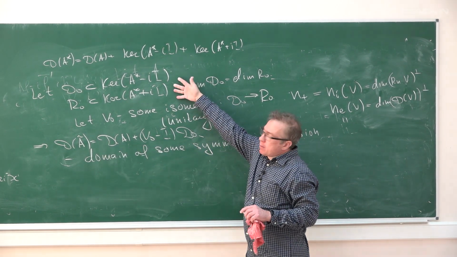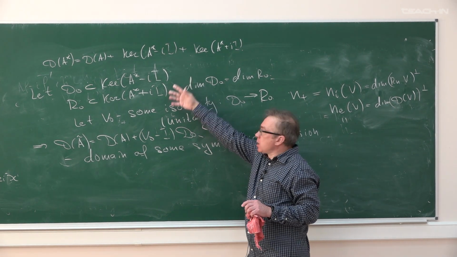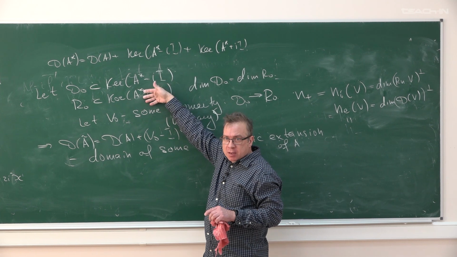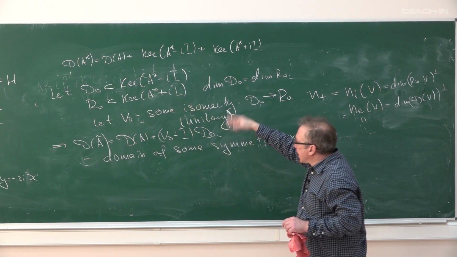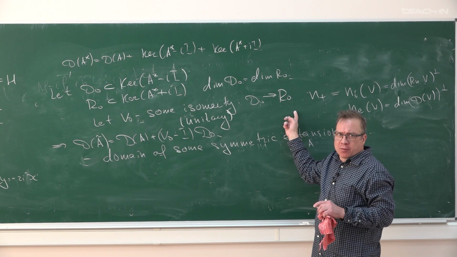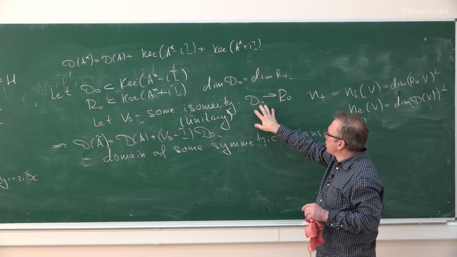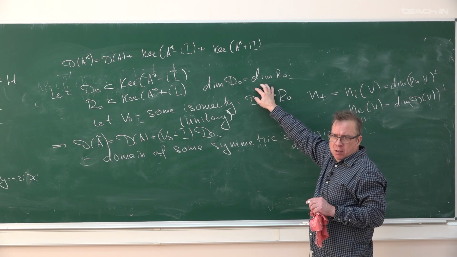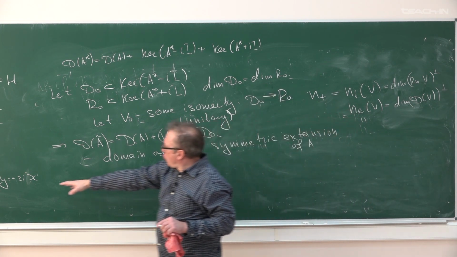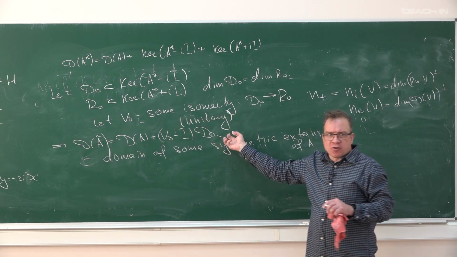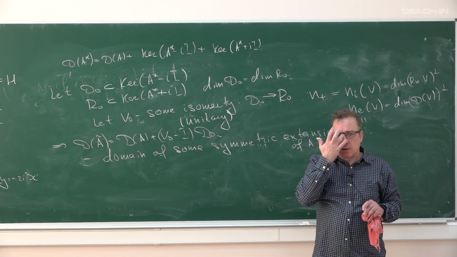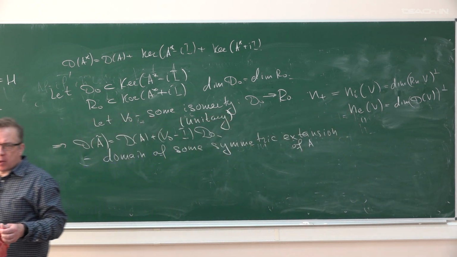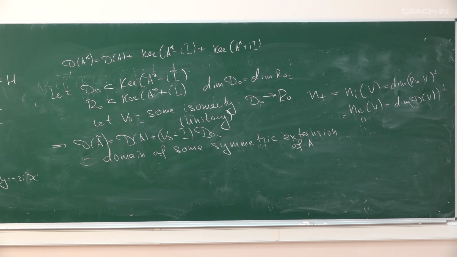How? We have some defect spaces, and we take some subspaces inside these kernels and construct an arbitrary unitary operator from these spaces. It is possible if the dimensions of these subspaces coincide. And then by these formulas, we obtain that this is a domain of some symmetric extension. And how does the operator act on this extension?